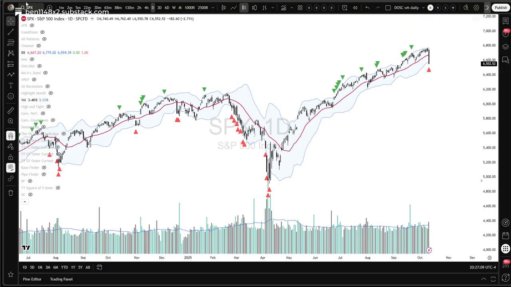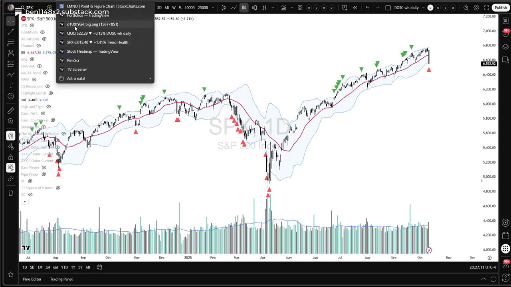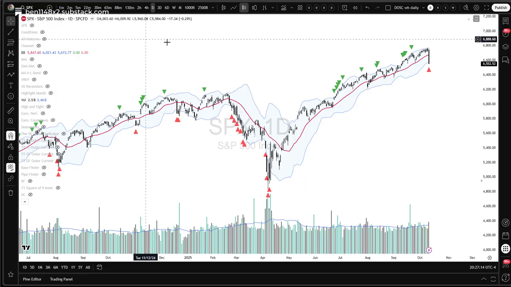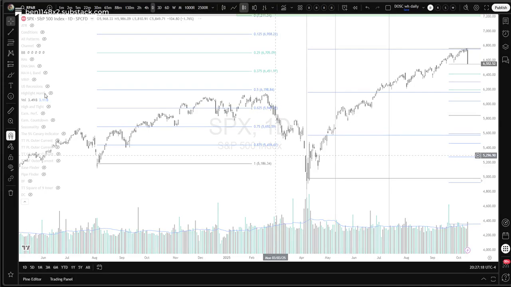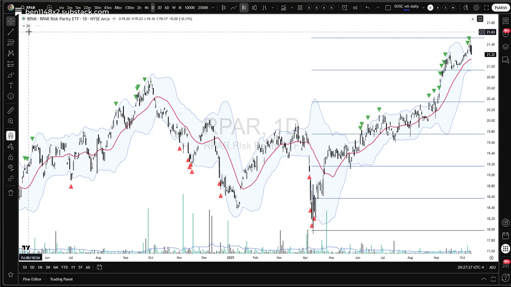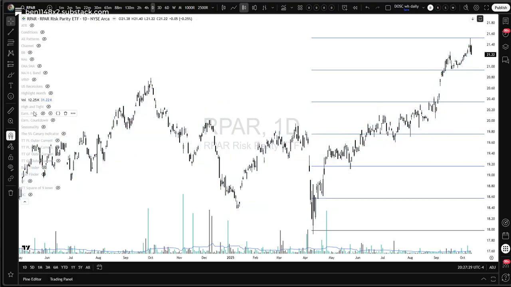Let me switch to a different chart and we'll pull it up. So we'll take a look at RPAR. And I'll take the Bollinger Band off.